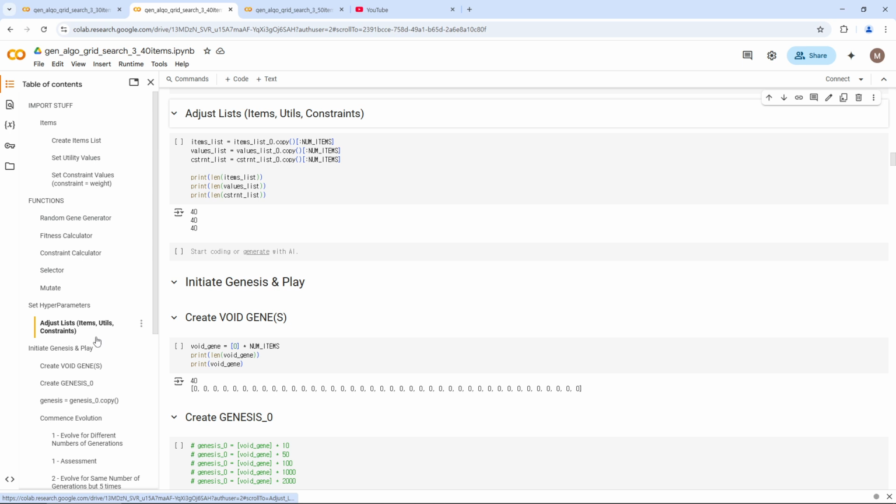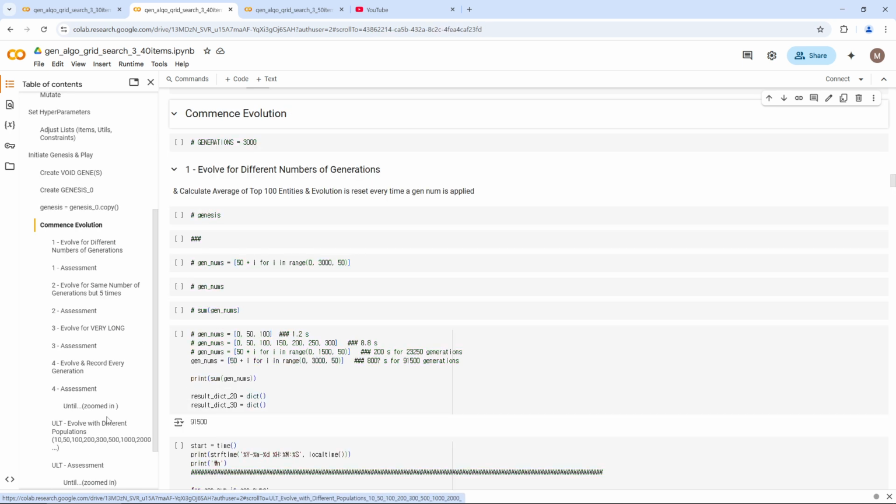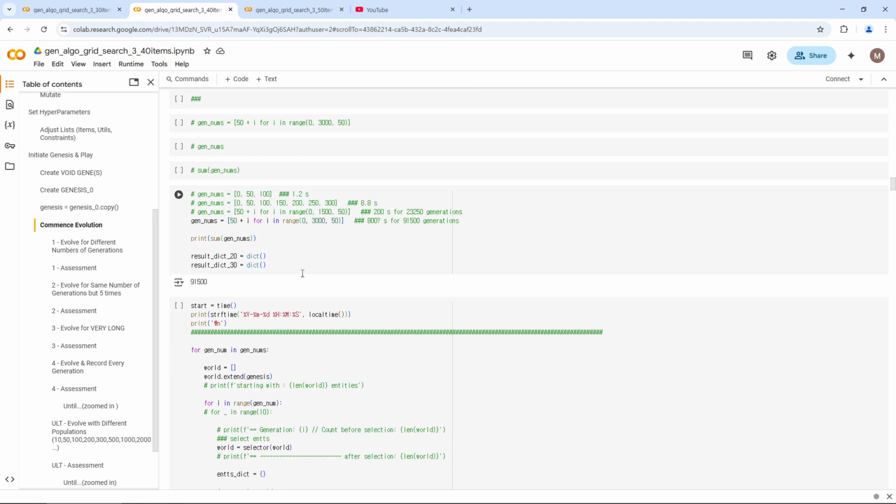And now that I have everything adjusted, let's see what happens. So first, I'm going to create a list of number of generations from 50 all the way to 3000, and evolve for these numbers of generations.